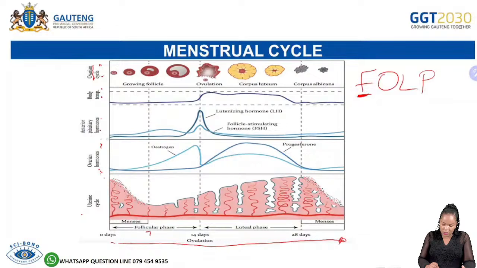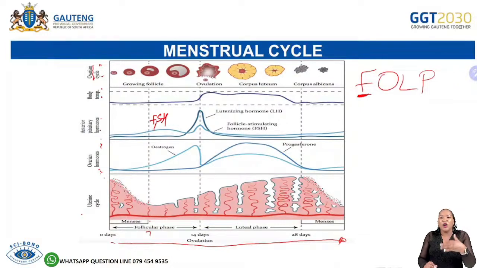So you go to the pituitary and check. They say follicle stimulating hormone is the one with the light blue line, FSH. This light blue one, you start seeing after the menses.